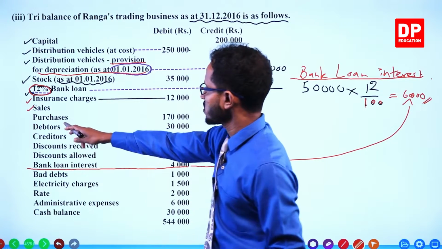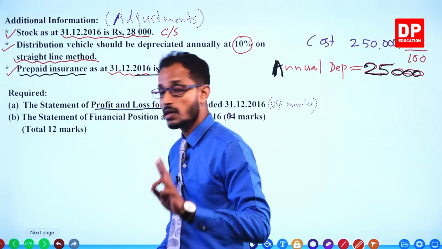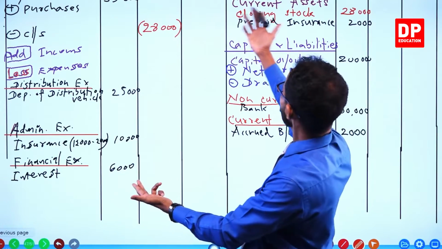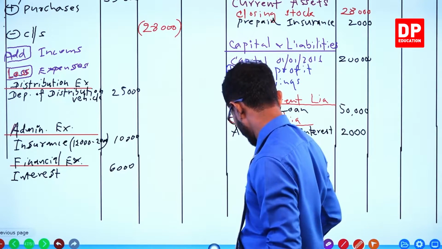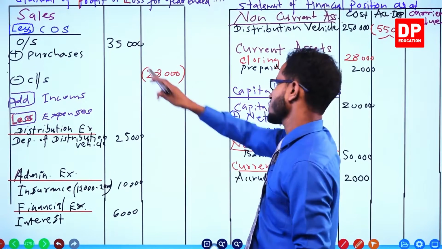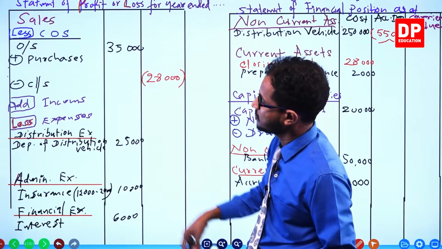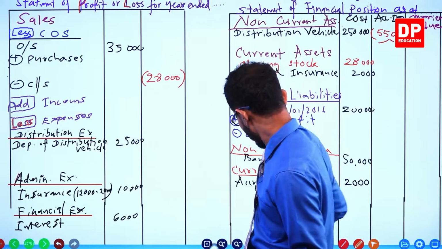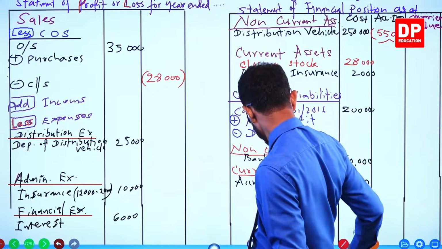Sales. Let's put sales 220 into the SOPL. Where is it? Come on, where is the sales? Oh, it's there. You know, when the screen gets all stuffed up, it's hard to find. I know where it is.